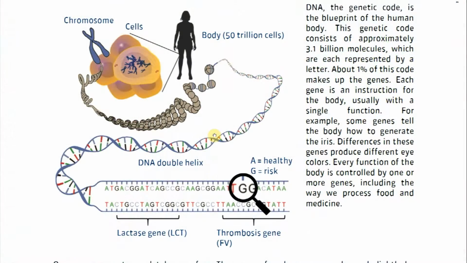And there's another gene, the thrombosis gene, factor 5. This just means that this gene here contains the information of how to prevent thrombosis, a blood clot from forming in your arteries when this shouldn't be the case. So there's a gene that has a certain function, and another gene has another function. Most genes mostly only have one function, some have a few, but this is pretty much how the instructions of your human body look like.